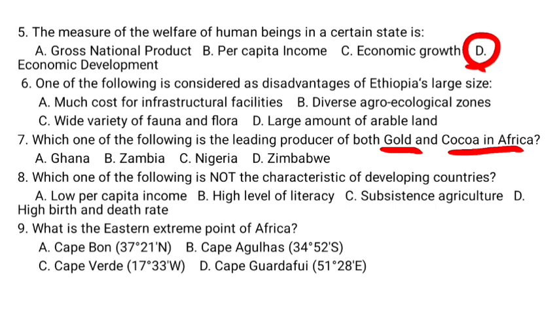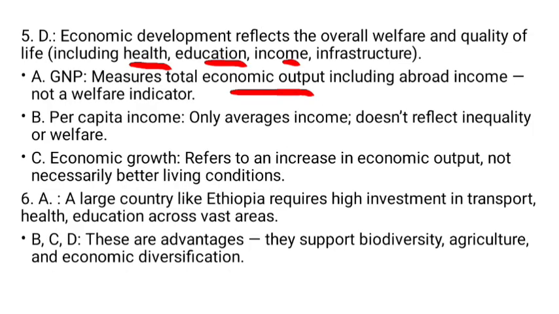Large countries like Ethiopia are expected to budget most of their budget share for infrastructural facilities, defensive force, and the others. This requires high investments in transportation, health, and education across vast areas.